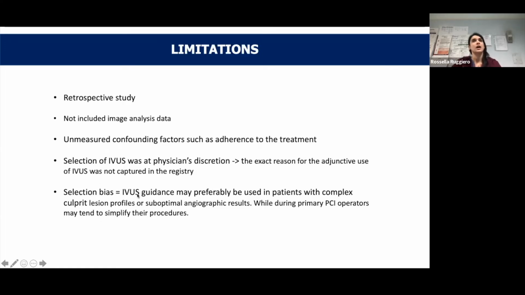In fact, patients with less complex lesions were much more likely to be included in the angiography-guided group, while patients with more complex lesions were much more likely to have IVUS-guided PCI.